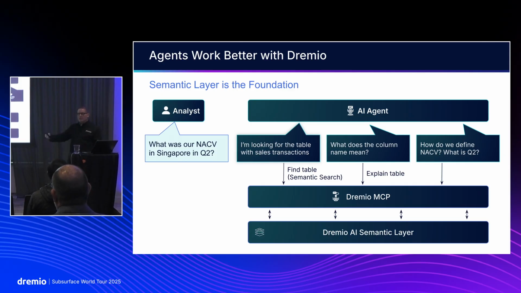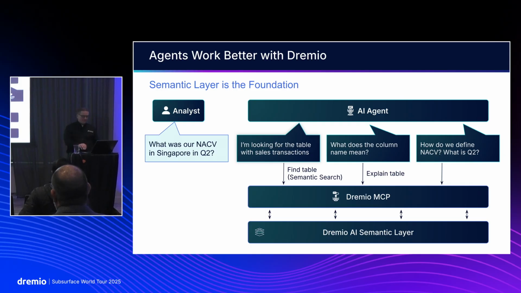Again, adding in the semantic search, it's going to be able to use a tool like find table to find the table. And if you've exposed this agent to the application layer, now it's got a useful name, a useful business nomenclature that's part of that table. That AI agent's going to be smarter. It's going to work better with Dremio.